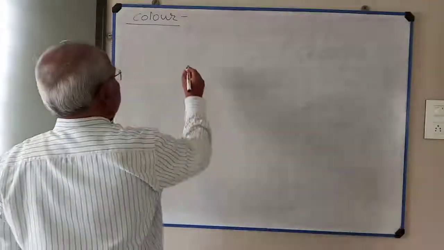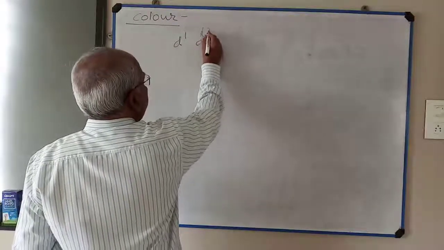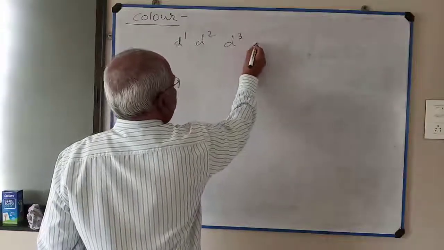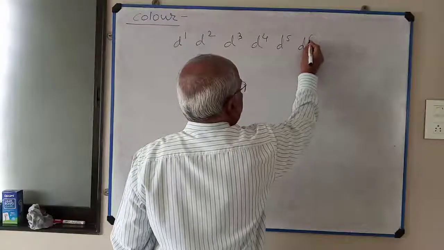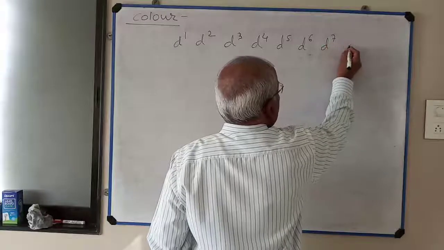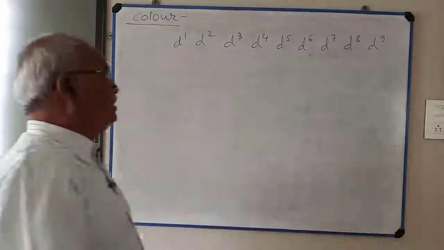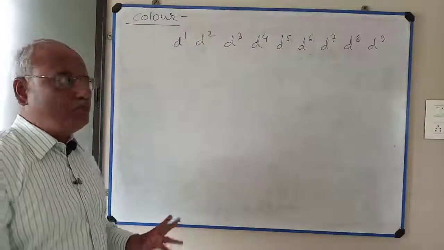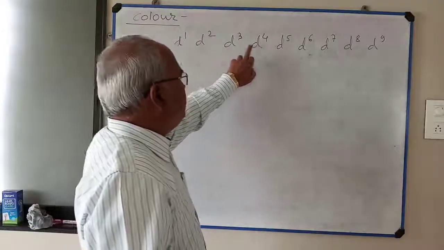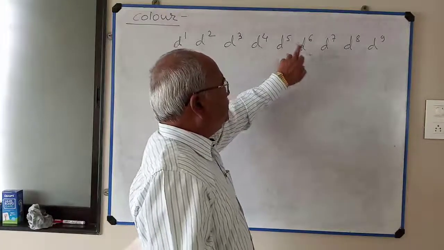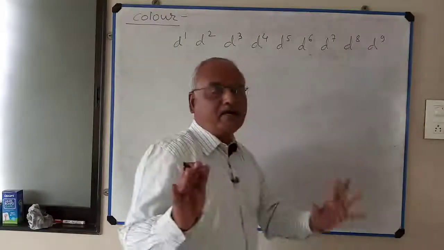Transition metals having configuration d1, d2, d3, d4, d5, d6, d7, d8, d9 are colored.